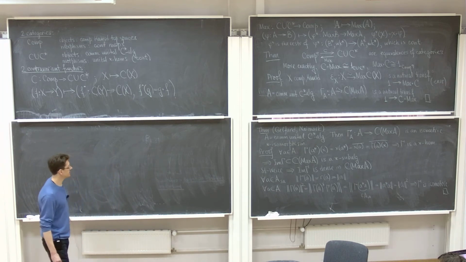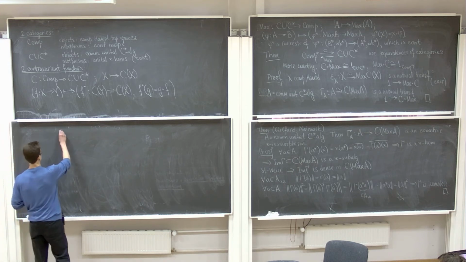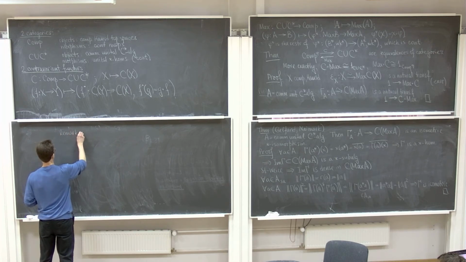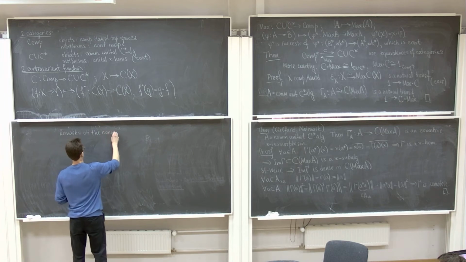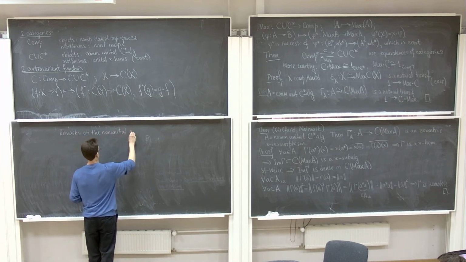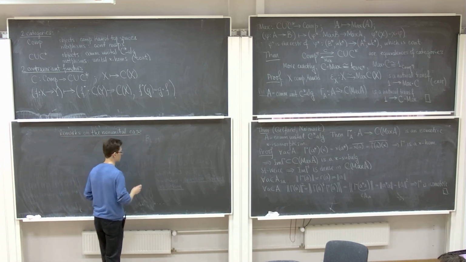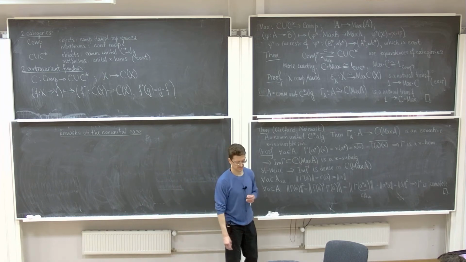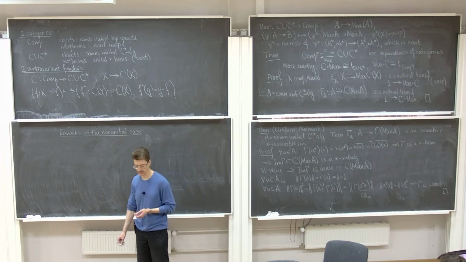Okay, let me now make some short remarks on the non-unital case. In our course, we are interested mostly in unital algebras, and this is sufficient for our applications to spectral theory.